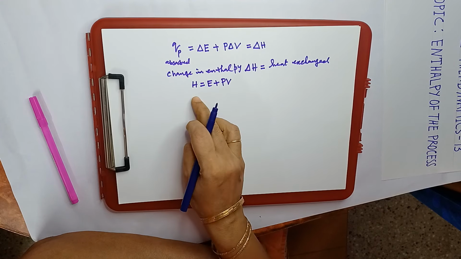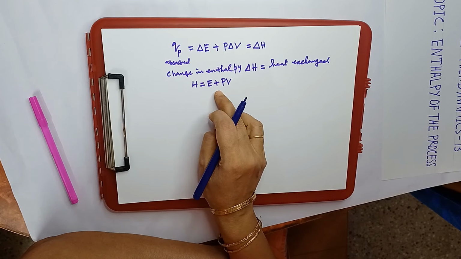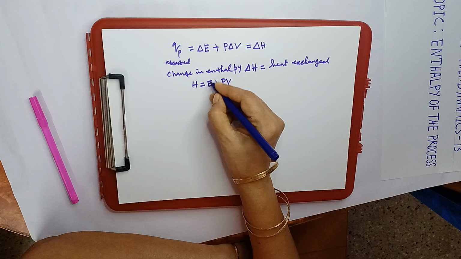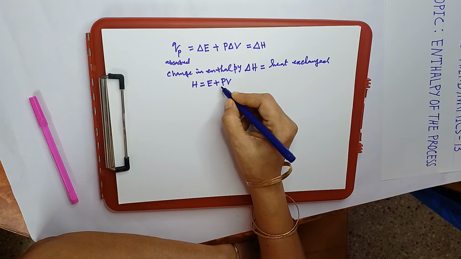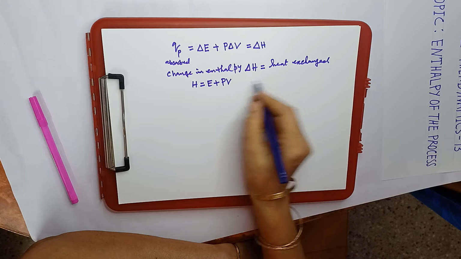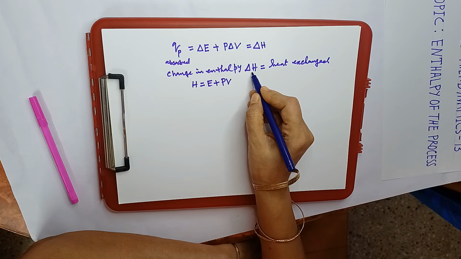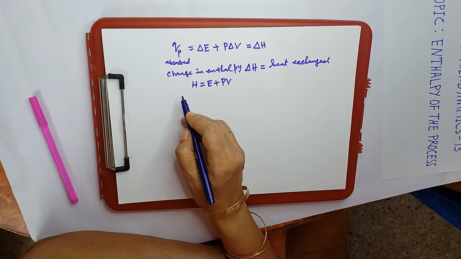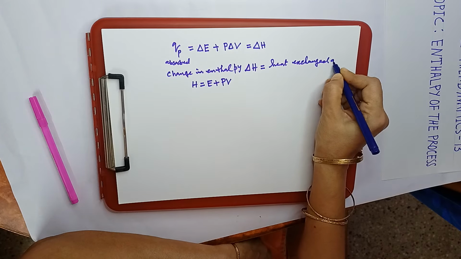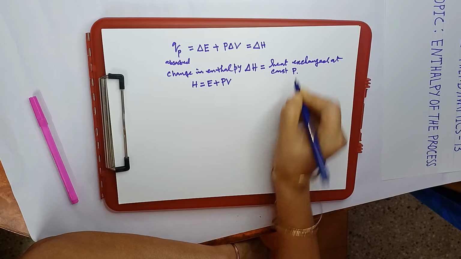So it is the total energy content in the system. Here it is a gaseous system. One part is increasing temperature, that is thermal energy, that is internal energy, and another part is for this work. So delta H, or change in enthalpy, is equal to the heat absorbed or heat released at constant pressure.